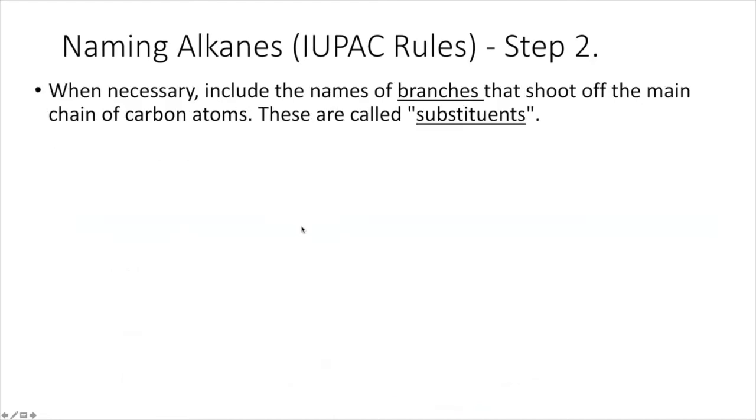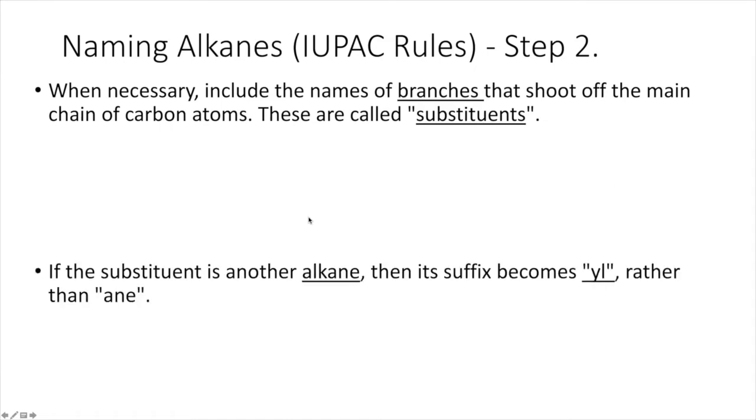Sometimes these structures have branches on them, and we have a special name for those. We call them substituents. The idea is that a hydrogen has been substituted with something else. So it's called a substituent. So now let's talk about how to change the name to adapt to situations like this.